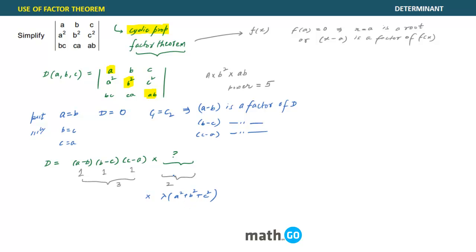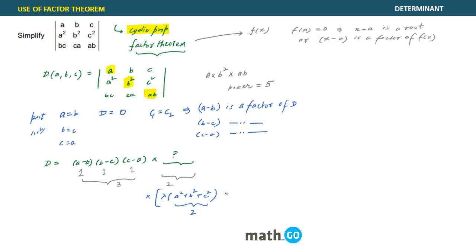Why I'm saying cyclic? Why can't it be only a square? It is not possible that it will only be a square. It will be a square, b square and c square also, because of the cyclic property. If a is coming, then b square will also come, then c square will also come. So each term has power 2.